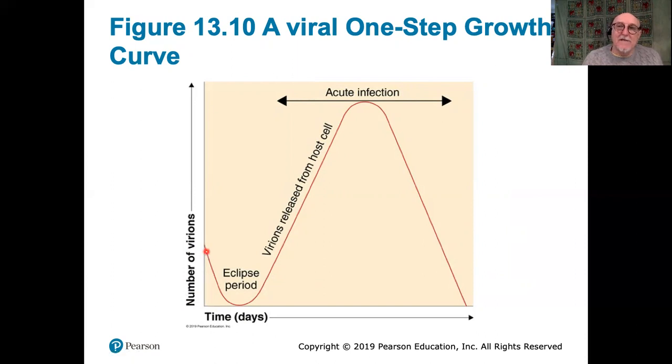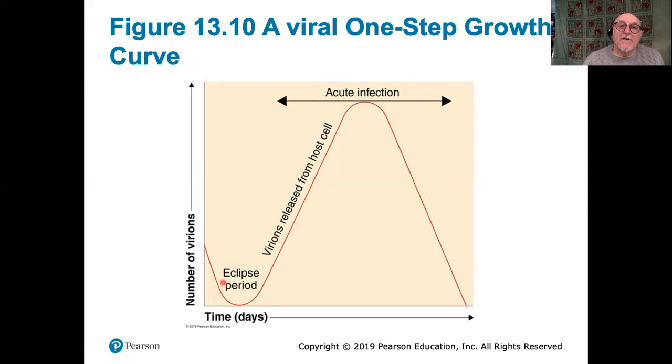It varies from virus to virus. Measles, for example, is very, very low. COVID is reasonably high. And for other viruses, it actually has to be really high for us to be able to establish an infection.